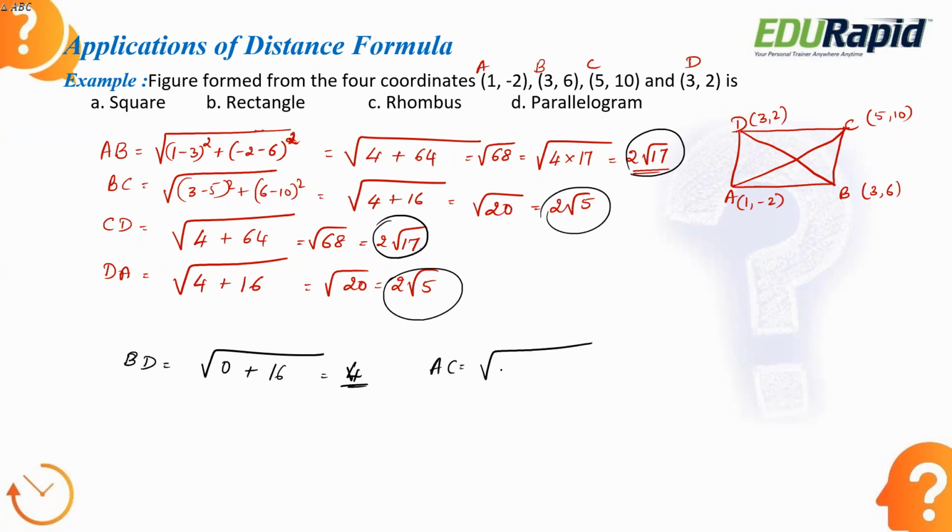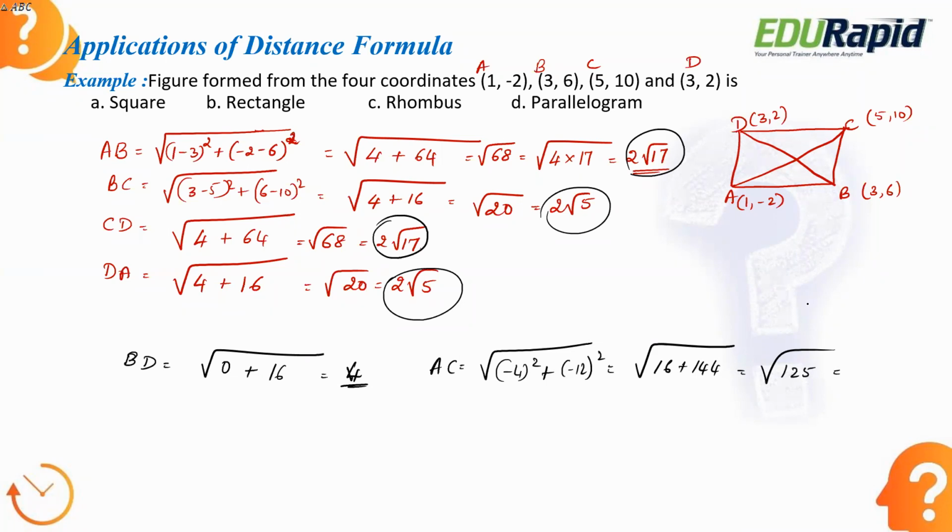AC would be root 1 minus 5 is minus 4 whole square, plus minus 2 minus 10 is minus 12 whole square. So 16 plus 144, and that would be 160.